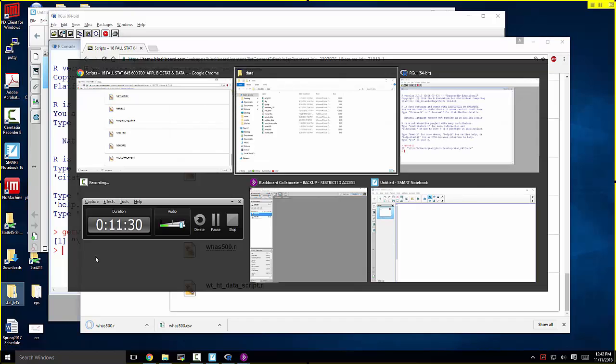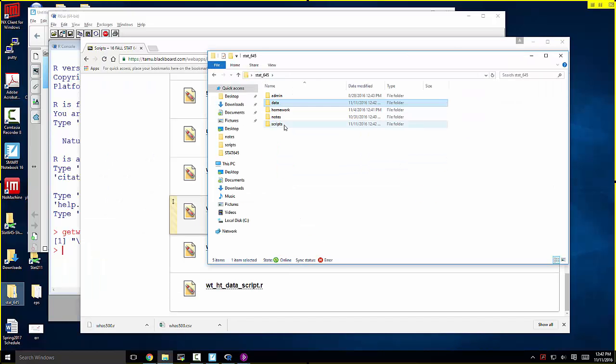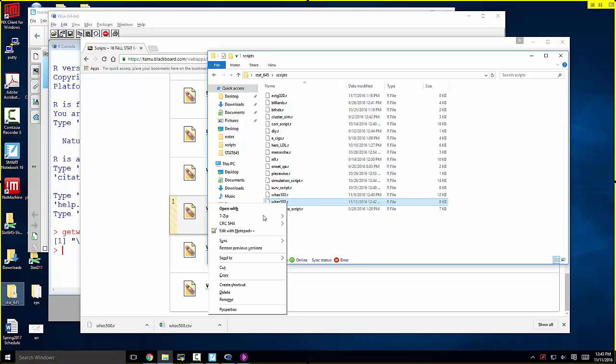Okay. So what we're going to do with these data is consider building a model. An explanatory model.